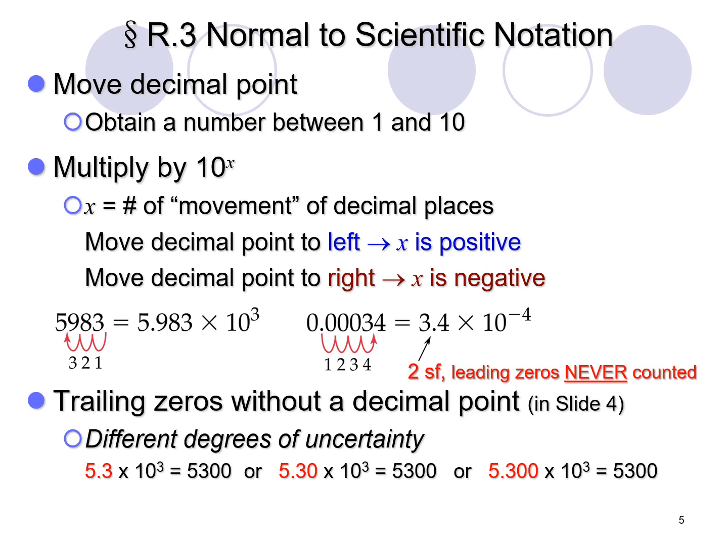They all give us 5300. 5.3, how many significant figures? 2. 5.30, 3. 5.300, 4. So that is the reason why trailing zeros without a decimal point are ambiguous at best.